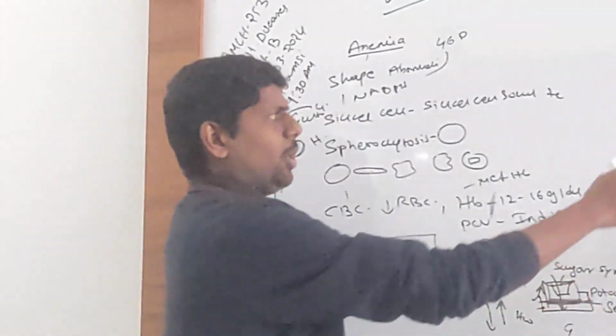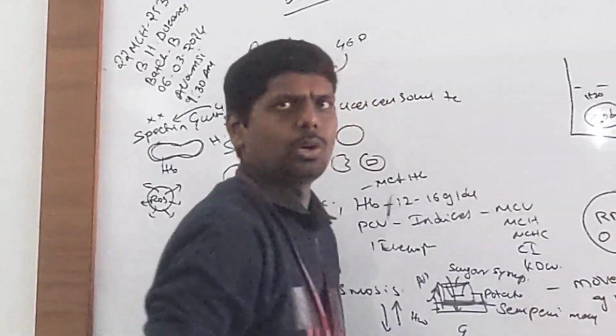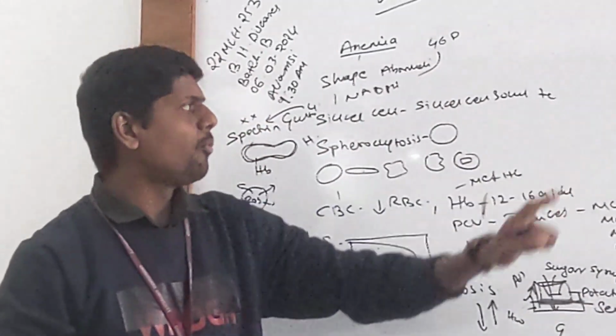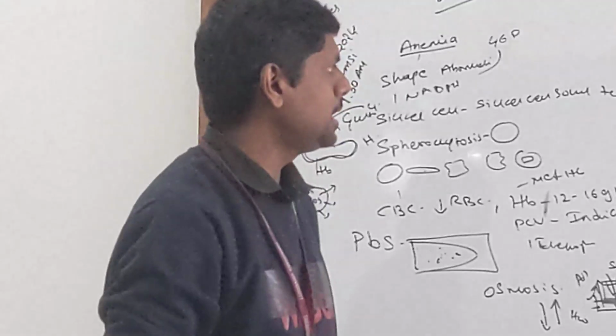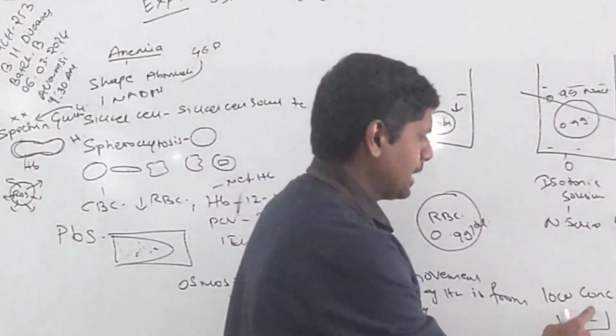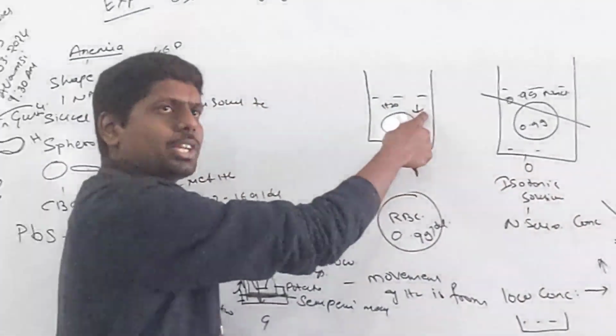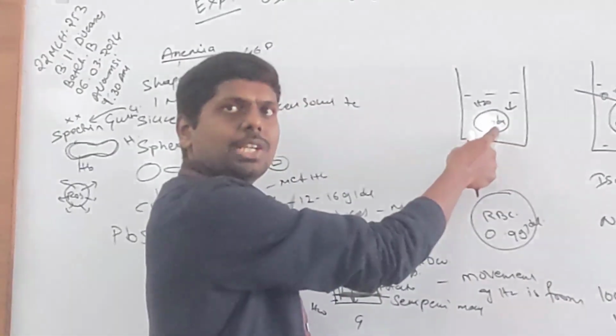This water has less sodium and inside there is high sodium. What will be the movement of water in this condition? The rule is that water moves from low concentration to high concentration. Low concentration is outside and high concentration is inside.